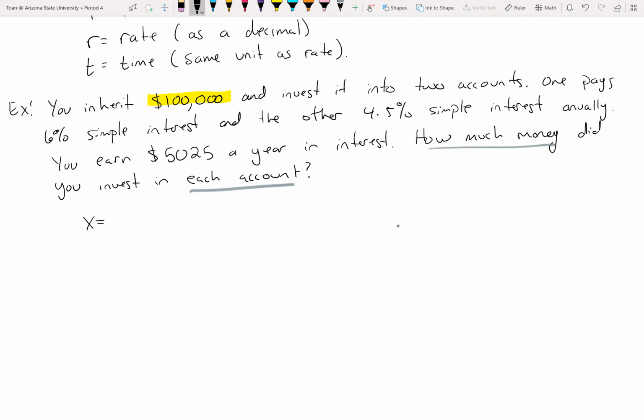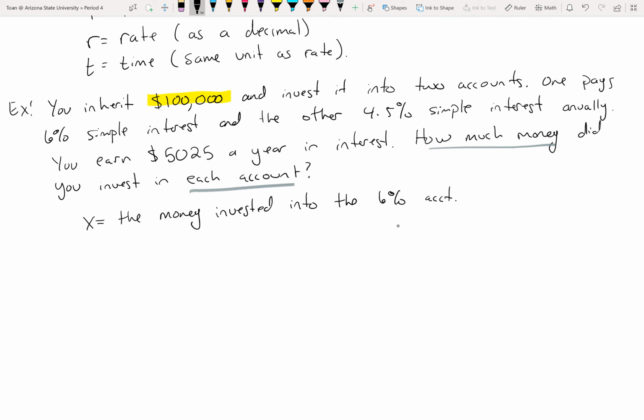X equals how much money is in each account. I have 2 accounts, so I have to make X something. The 6% account, the 4.5% account, it doesn't matter. I heard 6. So let X equal the money invested into the 6% account.